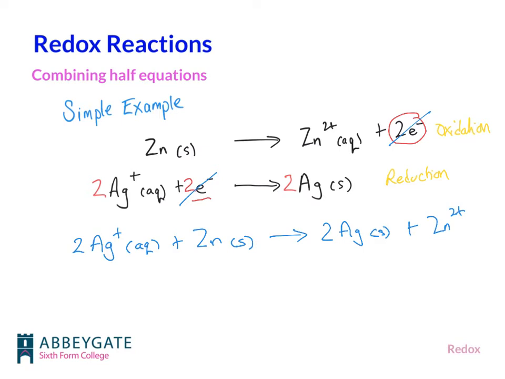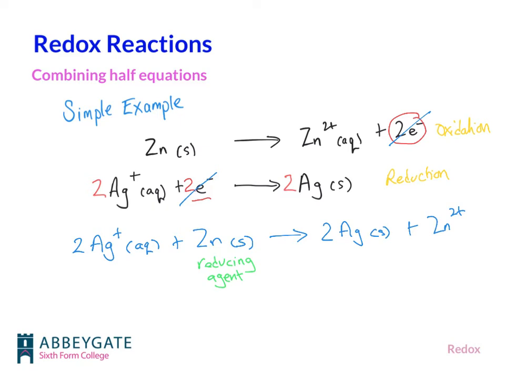A little note about terminology before we go any further. If our zinc is being oxidized, the zinc must be our reducing agent because it reduces the silver. The silver is currently in oxidation state +1 and it's turning into silver 0.